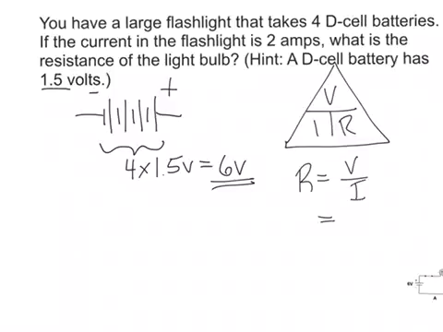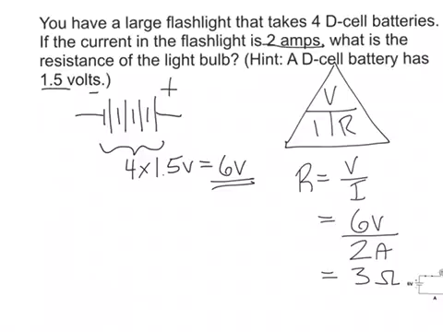And now we know exactly what that voltage is, because we've got those 4 1.5 volt cells in series, and we also remember what the current is from up here, which is 2 amps. And we just do the math. 6 divided by 2, 3 ohms. Awesome. And that's your answer.